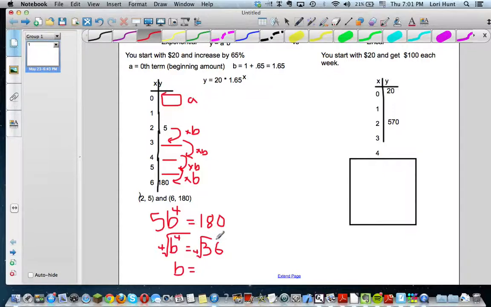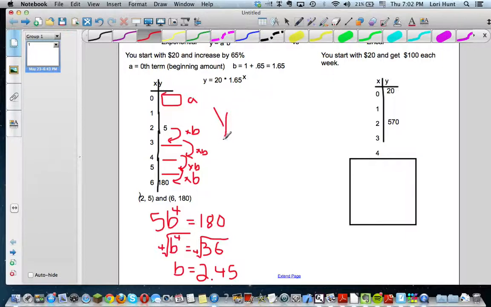I get out my calculator, and to do the fourth root on a graphing calculator, you hit the 4 first, then the math key, then the root key, and 36. I get about 2.45. So now I know what my multiplier is, and b equals 2.45.